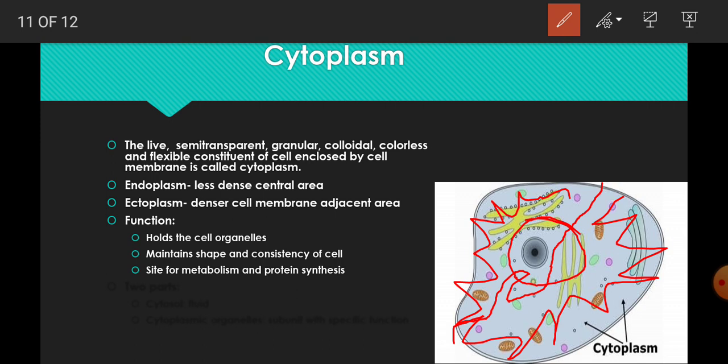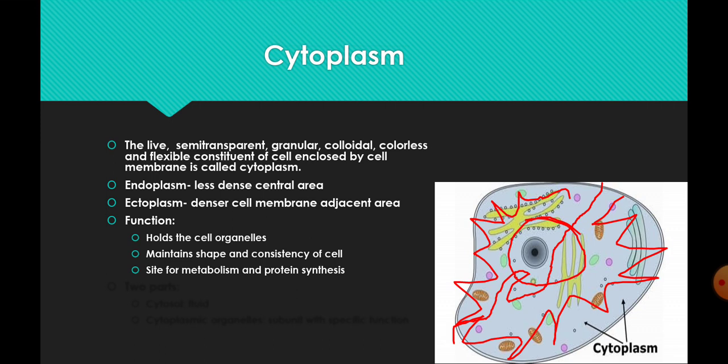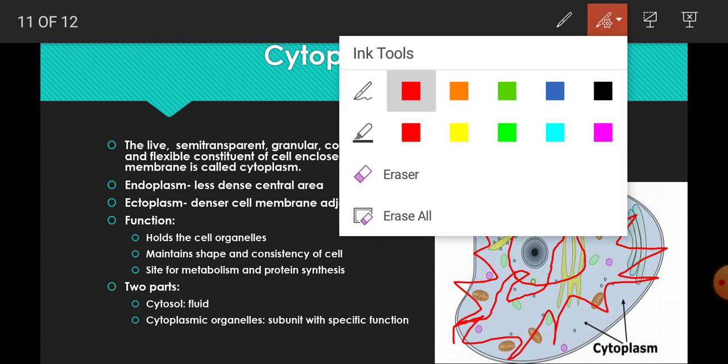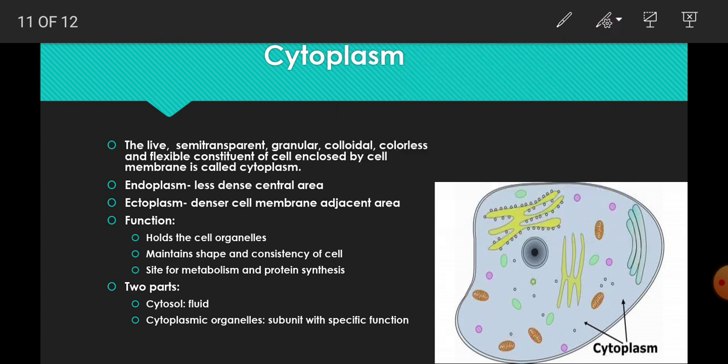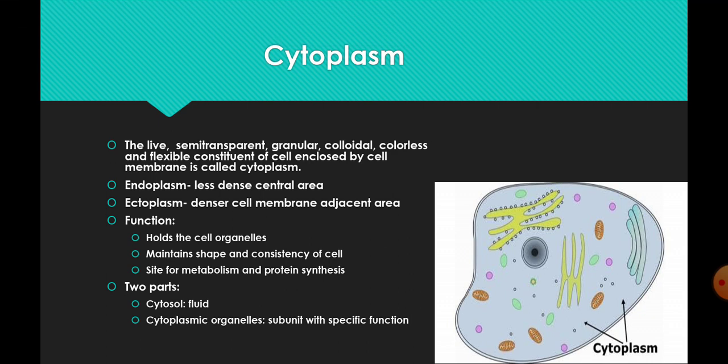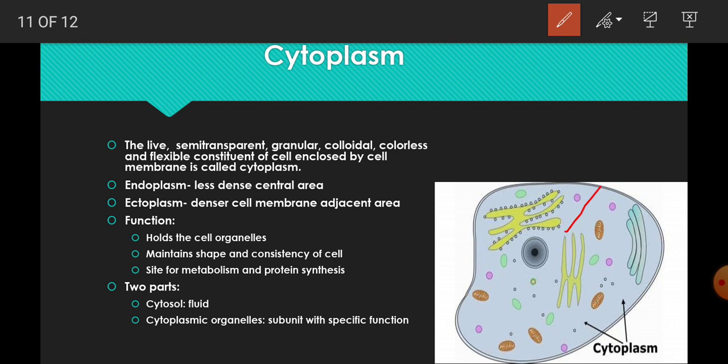What is the function of cytoplasm? It holds the cell organelles, the smaller parts of the cell, maintains the shape and consistency of the cell, and is the site of metabolism and protein synthesis. Cytoplasm has two parts: cytosol, the fluid part, which is only the ash colored part, and the cytoplasmic organelles, the smaller parts floating in the cytoplasm.